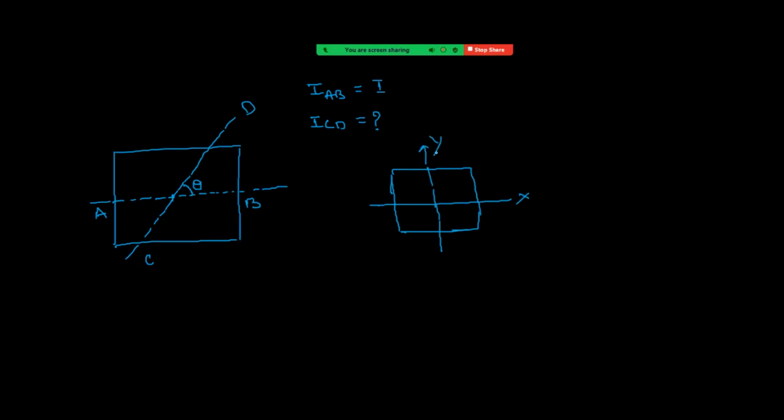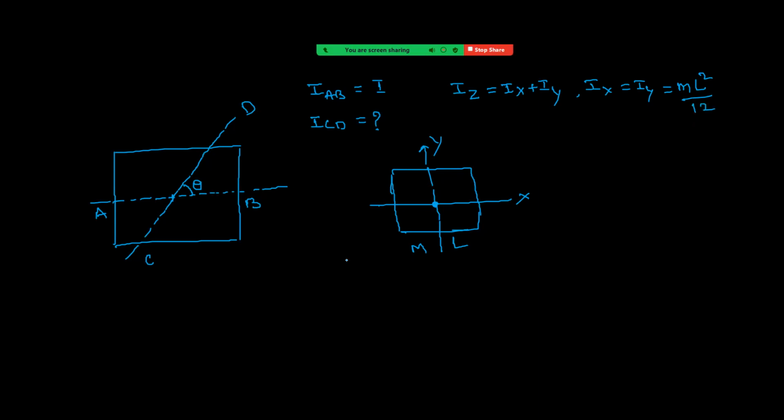About the x-axis and about the y-axis, the I value is the same. About the z-axis, Iz equals Ix plus Iy. And we know Ix equals Iy because the distribution of mass about both axes is the same. If side length is L and mass is M, it is ML square by 12.